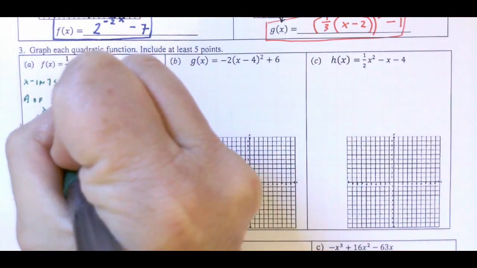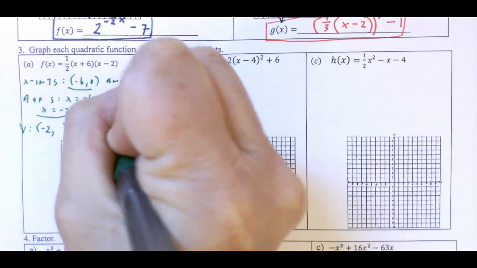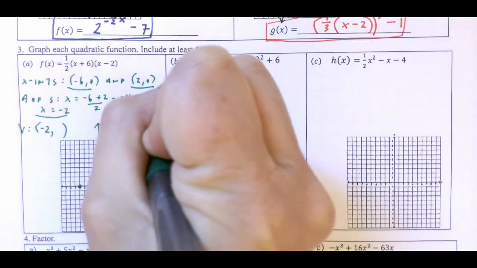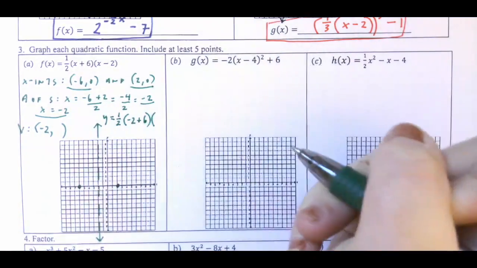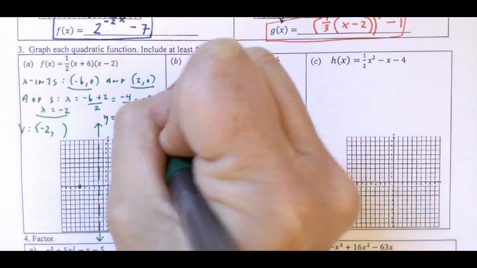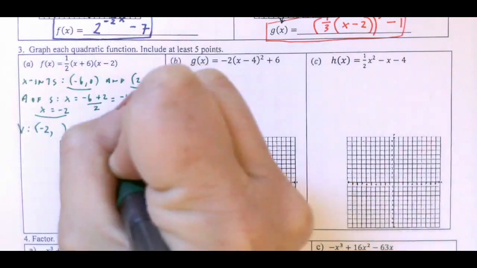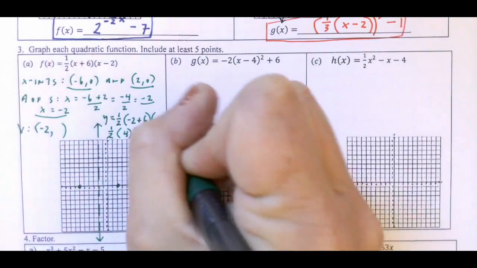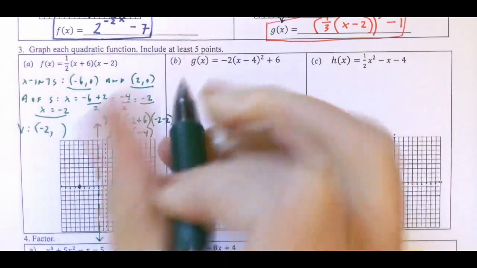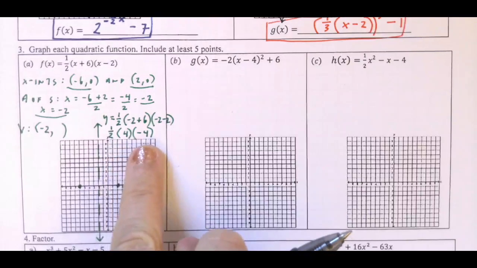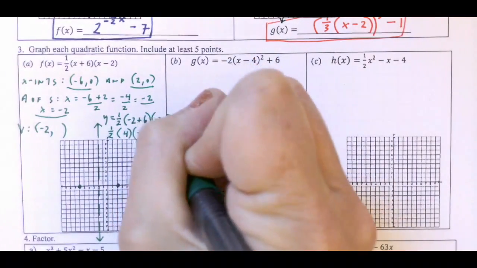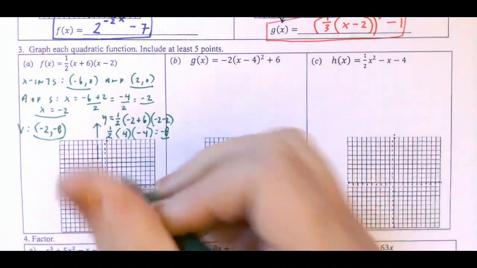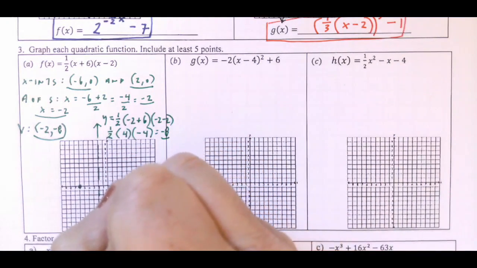So let's say I do it right here. So y equals 1/2 parentheses, -2 plus 6, close parentheses, times -2 minus 2. So I need to know half of 4 times -4. Half of 4 is 2. 2 times -4, we're going to get -8. So my vertex is at -2, -8 right here.